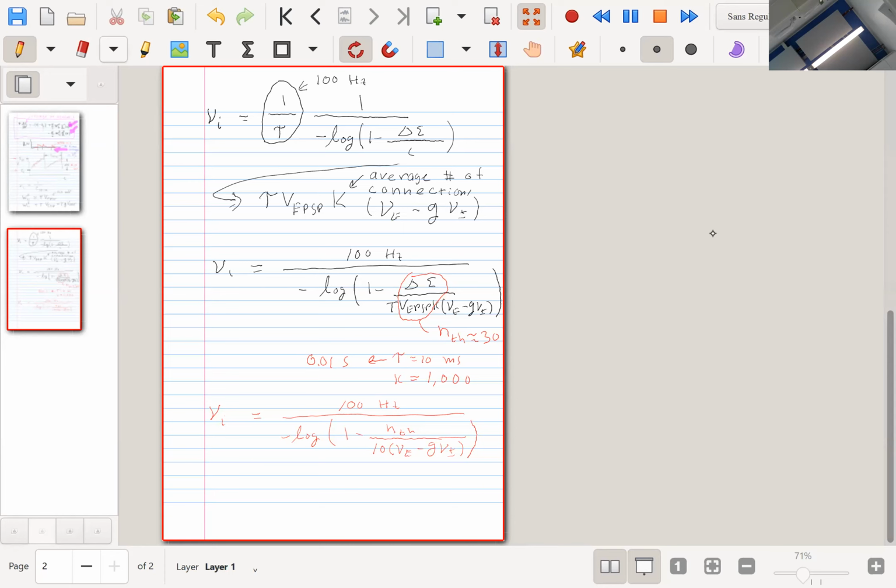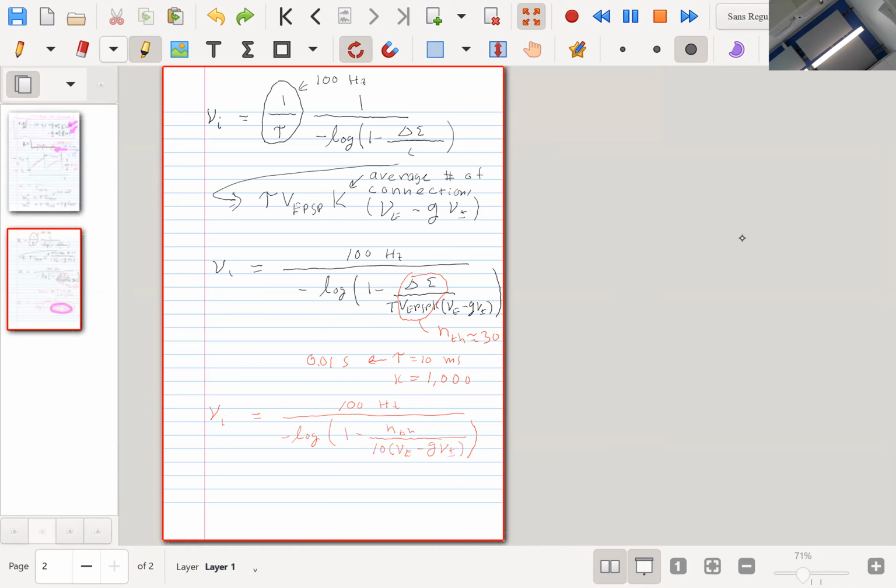And if this quantity here is small, we can use the fact that log of 1 minus epsilon is approximately equal to minus epsilon.